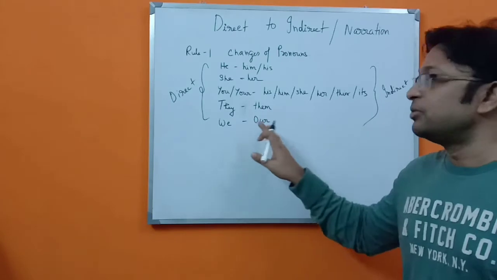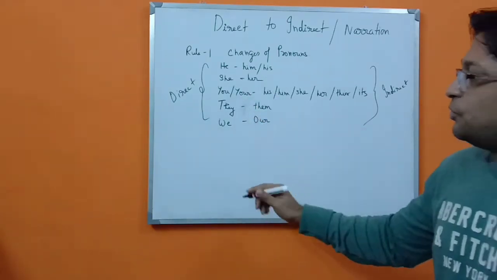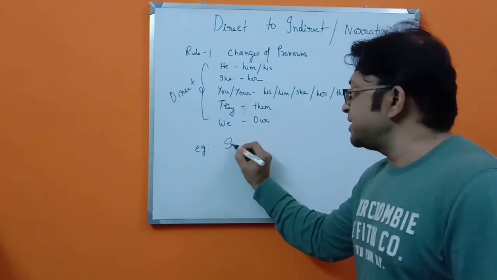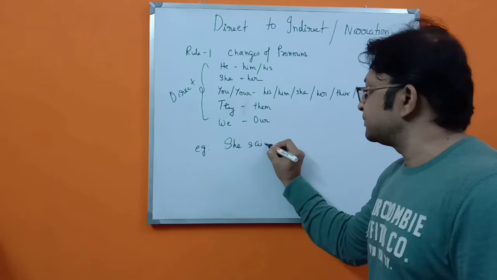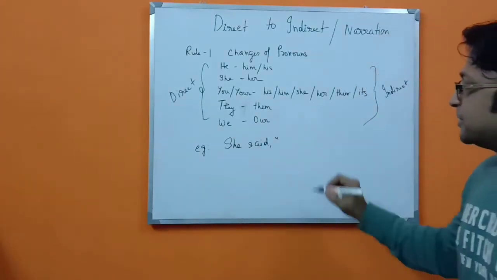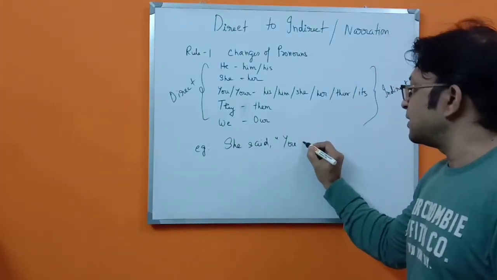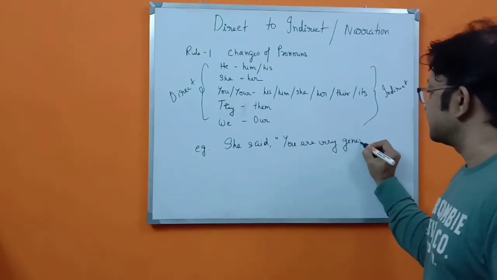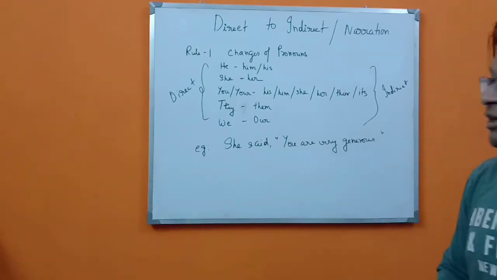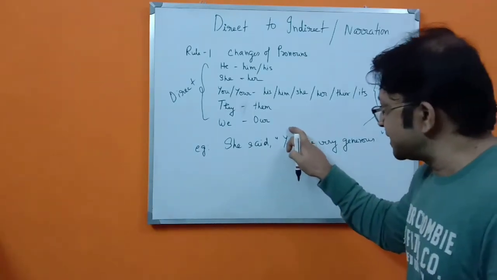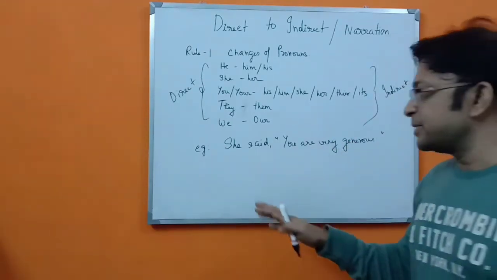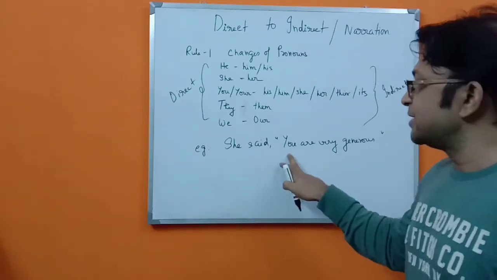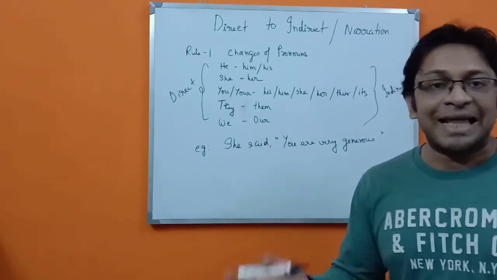They will change into them, we will change into our. So I am going to show you one example using you. If it says, she said, within inverted commas, "You are very generous." In this sentence, as you can see, you. But by looking at this sentence, you cannot determine whether this you is female or male or something else.